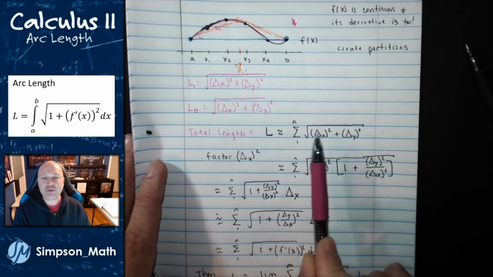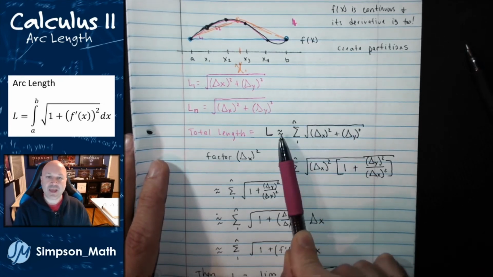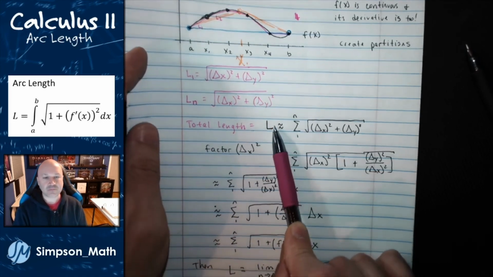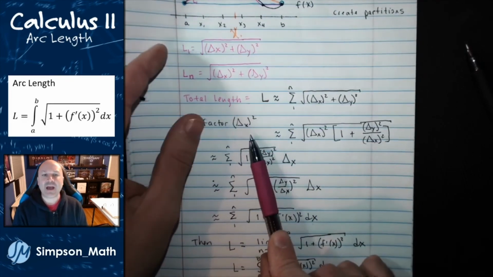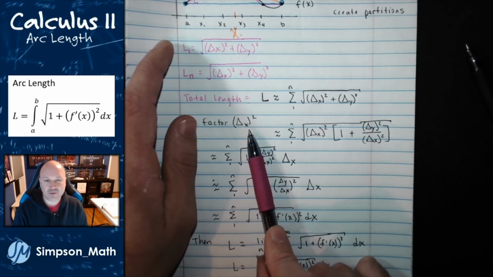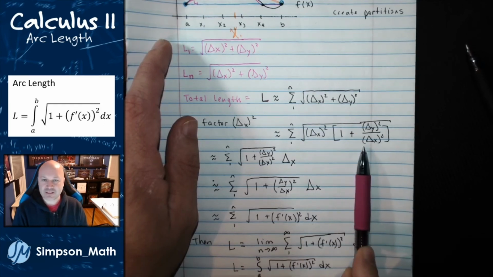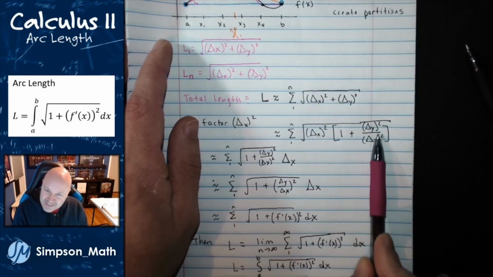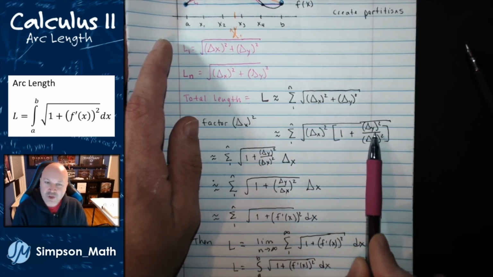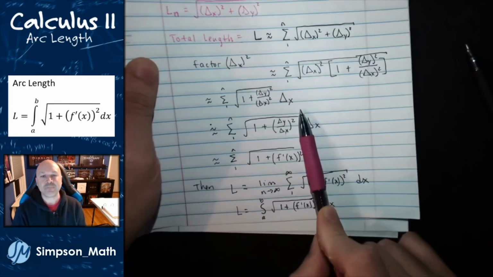If you have 5 partitions or 10 or 100 billion, you just sum them up and you'll have your length. Now, I was doing some fancy footwork here, and you just have to maybe go with the flow a little bit. But I factor out this change in x to make it look like this, and I acknowledge that anything squared over something else squared, you can rewrite that as the fraction itself being squared.